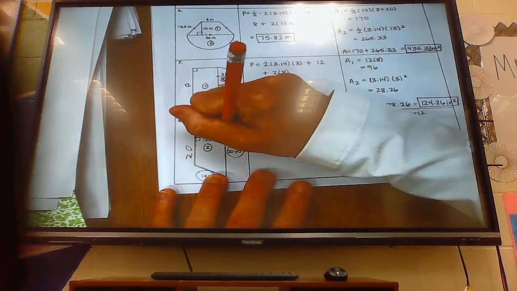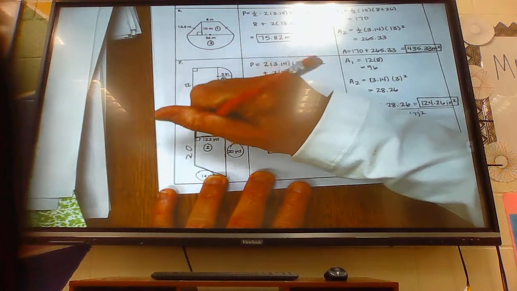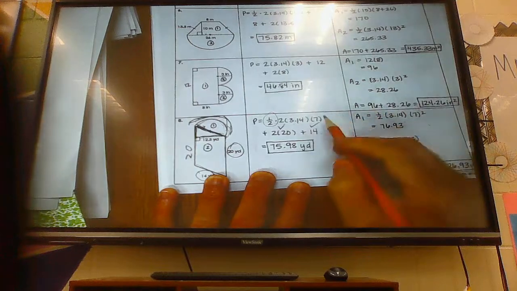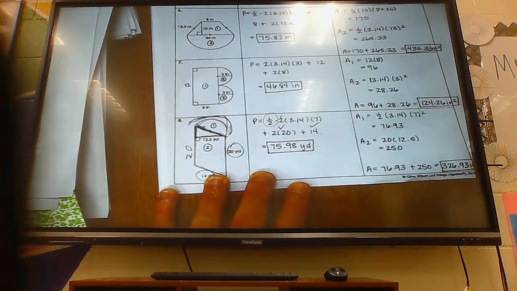Yeah, this whole thing is 14. Half of it is 7. So, right, 2 pi d.